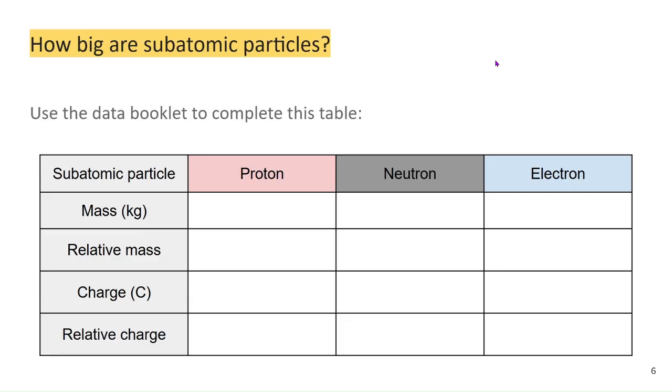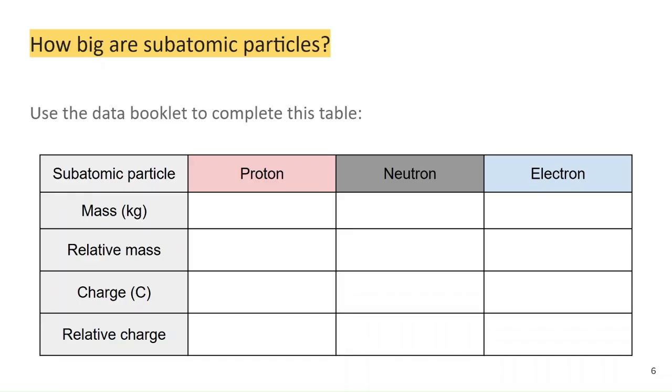So now I'm going to have you look in the data booklet. I think I mentioned this briefly in our last lesson, but the data booklet is something that you get for the IB exam, and you'll also get for all the exams that I give you. It has a bunch of different things in it that will be helpful to you, including periodic tables and all of this information here.